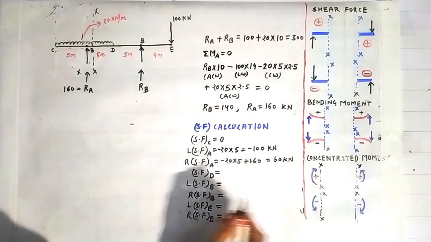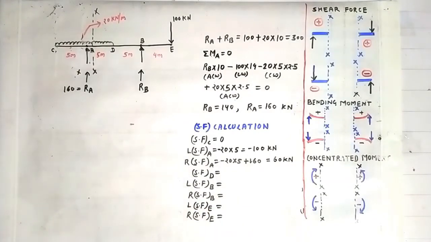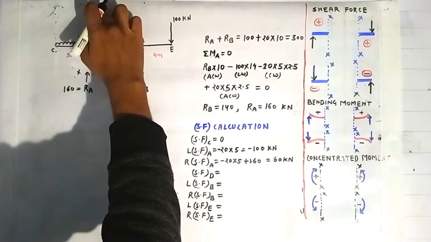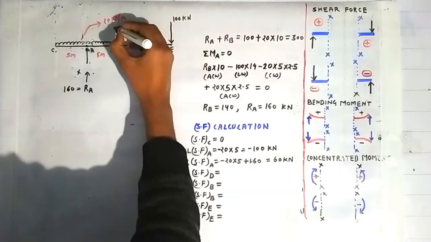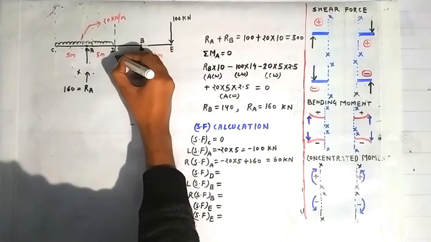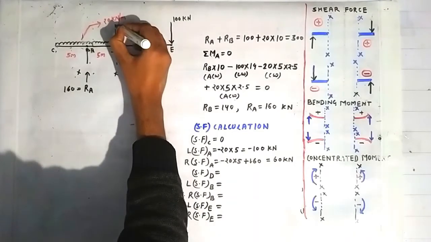Okay. Now shear force at the point D we will calculate. For that we have to construct a section passing through the point D. So suppose this is the section which is passing through the point D. Now this is the section XX.